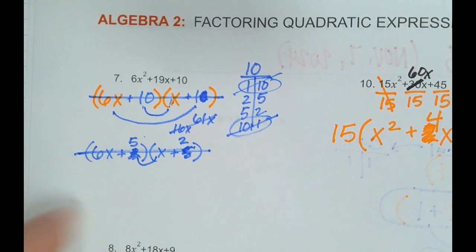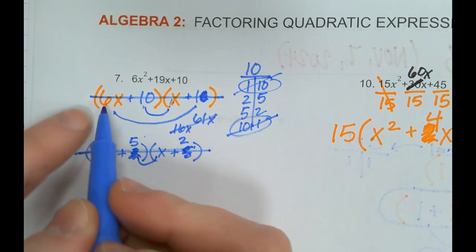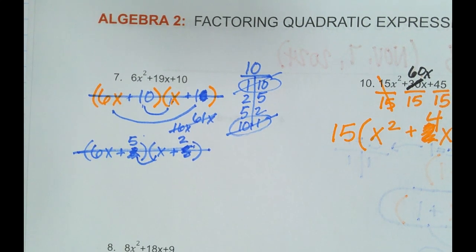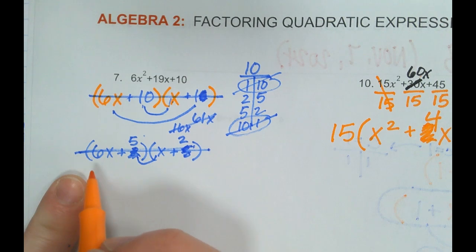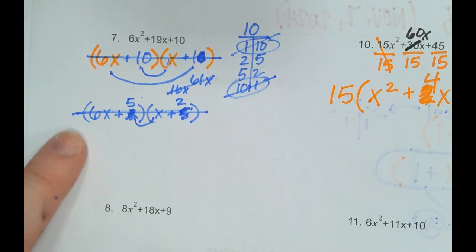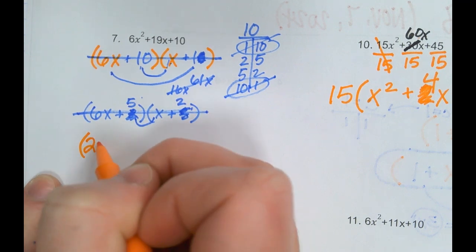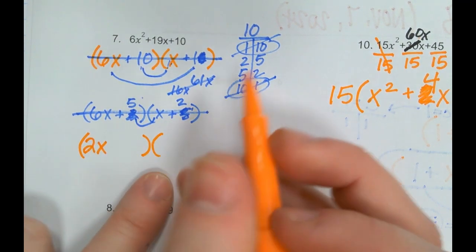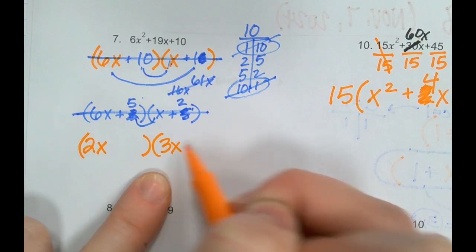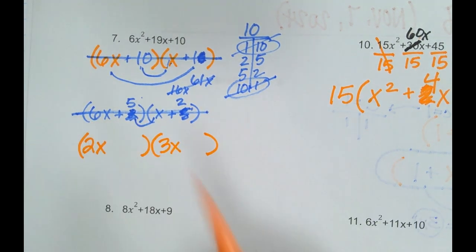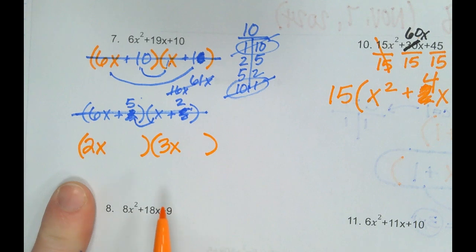So just like I hear some of y'all saying, if none of these work, then we need to go even further. We're going to break down our A into what? 2x and what? 3x. Now we're just finding factors of A to put into the parentheses.